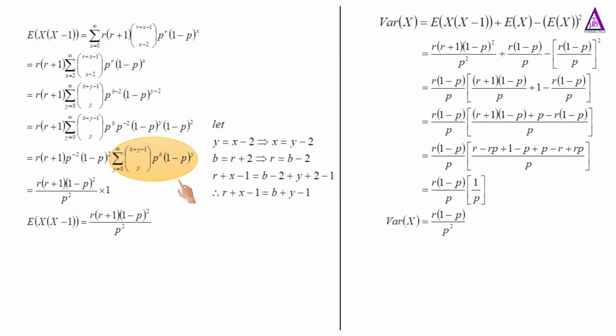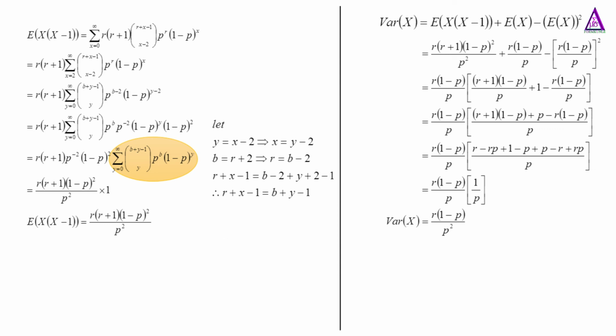So therefore this one now equals 1. Now we have r into bracket r plus 1 into bracket 1 minus p raised to power 2 divided by p squared times 1. Our expected value of x into bracket x minus 1 equals r into bracket r plus 1, close bracket, open another bracket 1 minus p, close bracket squared, divided by p squared.